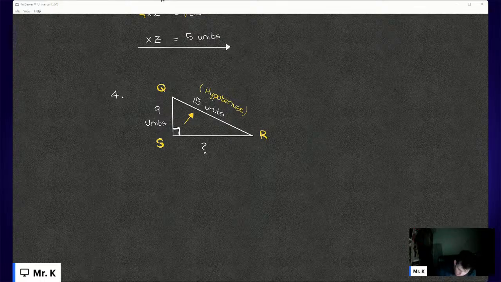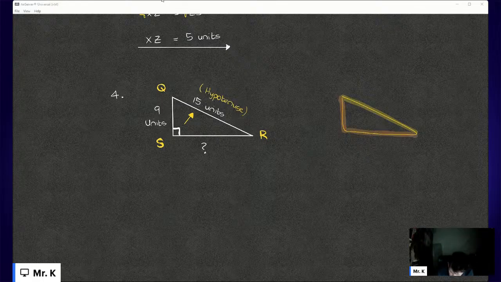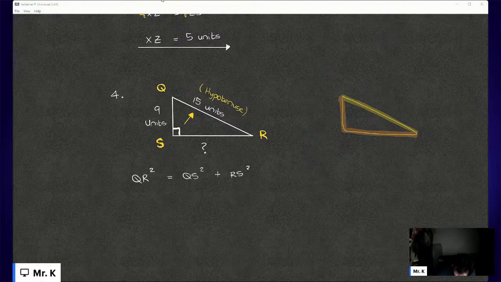We know that the longest side of the triangle is the hypotenuse, and it's always equal to the sum of the squares of the two shorter sides. So in the context of this triangle, side QR squared, QR is this side over here, the hypotenuse, is going to be equal to QS squared plus RS squared.